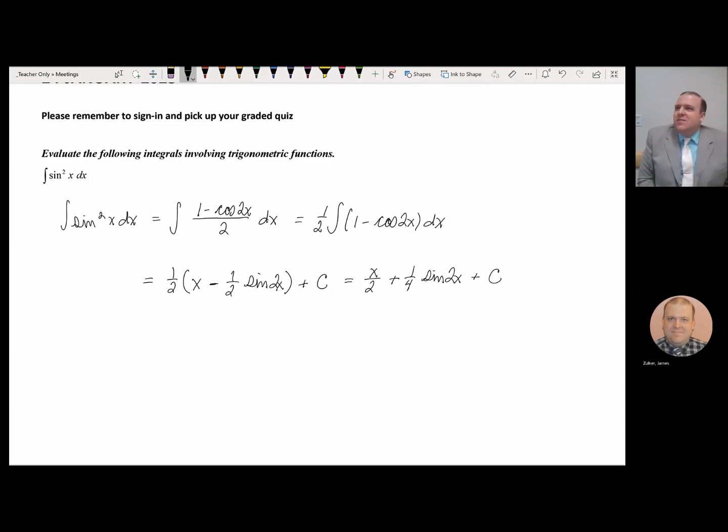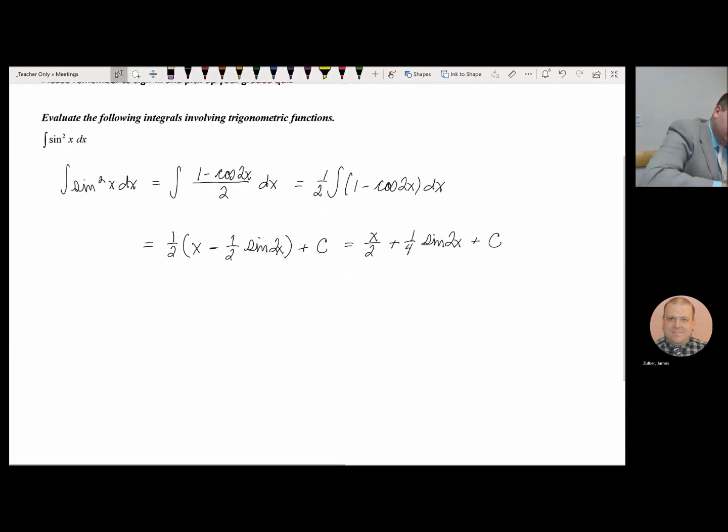That's probably not the form that's going to be in the book or on the table. Does anyone recall the double angle identity for sine?